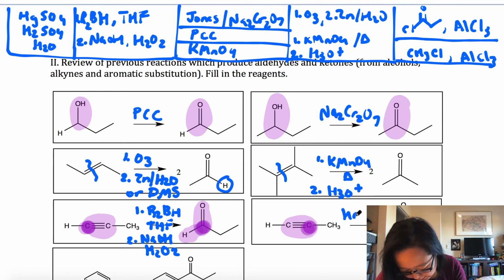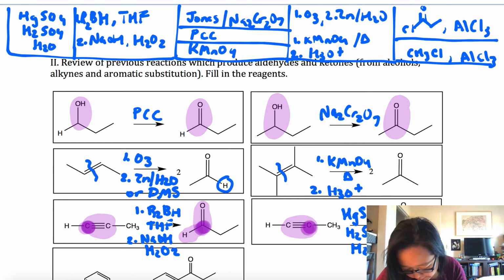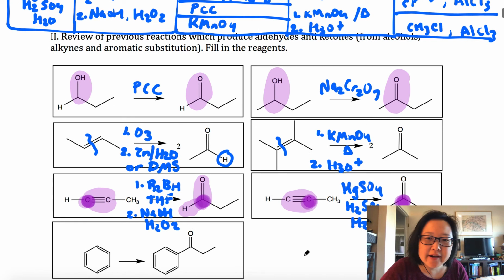So I'm going to put that in here, HgSO4 and some acid, H2SO4. That's for the tautomerization of this. When you have an OH group, it's an enol, and then it tautomerizes to the ketone. And that tautomerization is catalyzed by acid. All right, so that's what we have so far. Great. So go back and review your alkene and alkyne reactions.